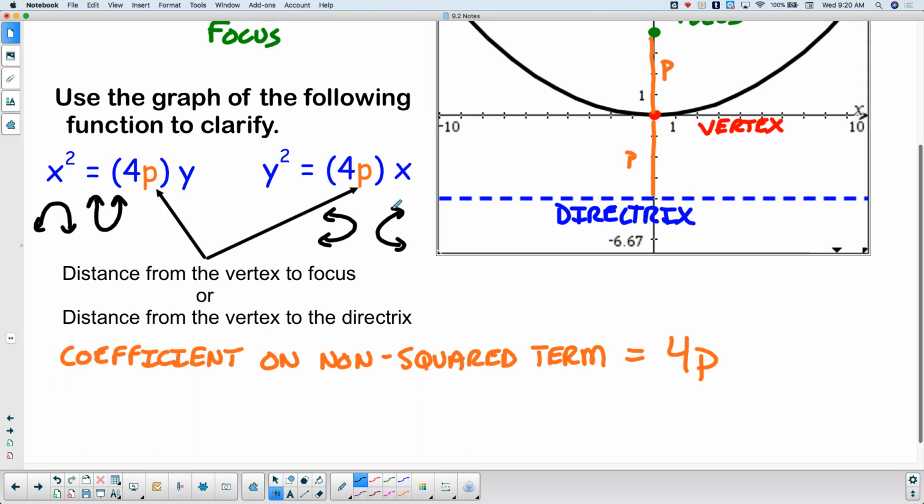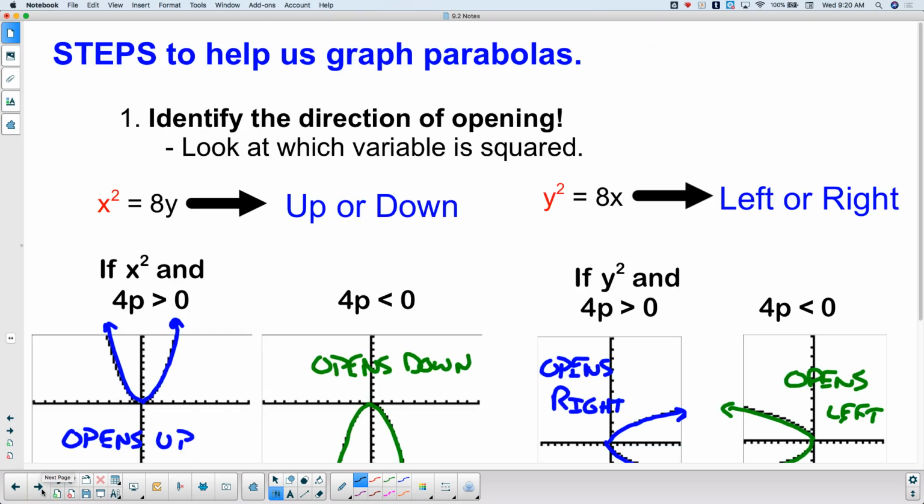So, the first step in graphing a parabola is you've got to figure out which way it's going to open, so that you get a quick mental picture of what the shape of your parabola is going to look like. And to do that, you have to look at which variable is squared. If x is squared, it's an up-down parabola.